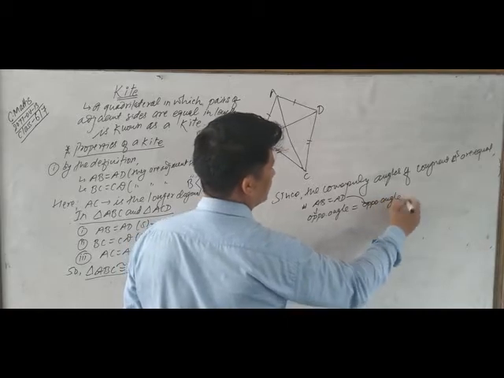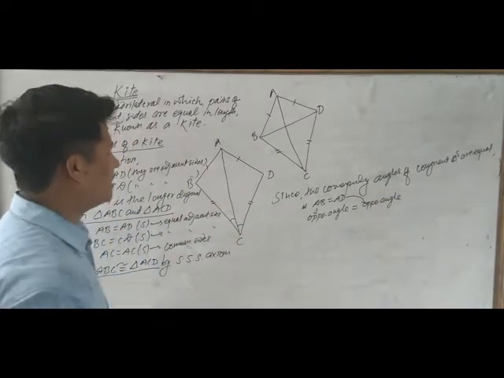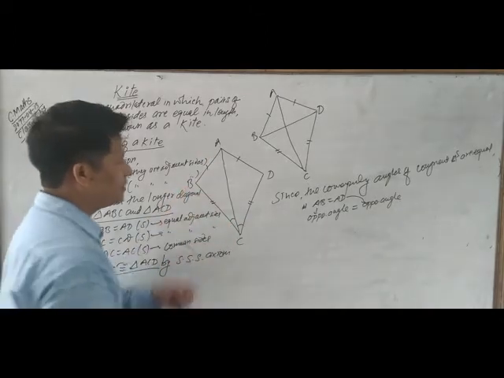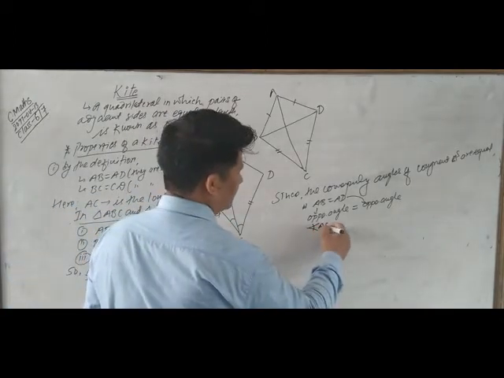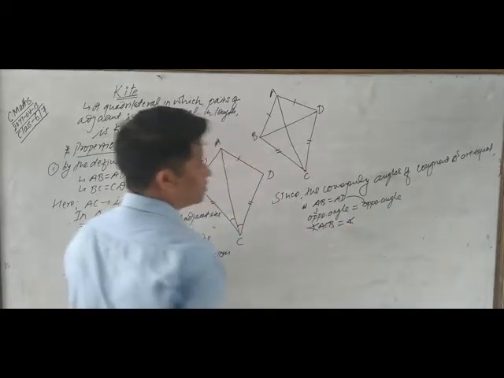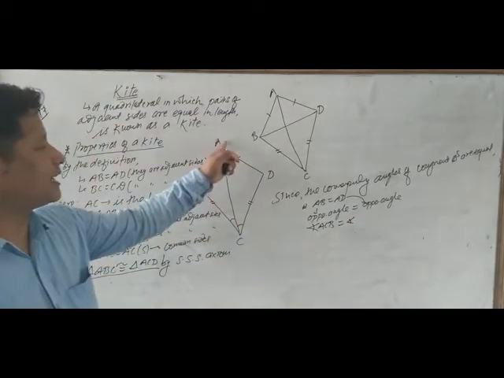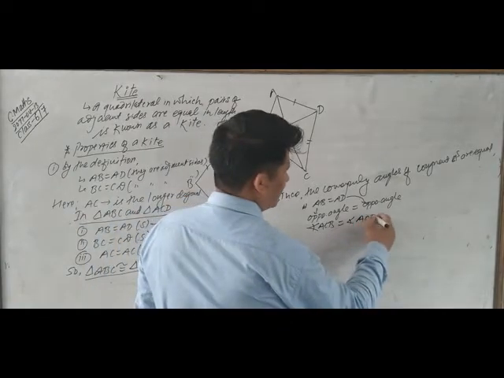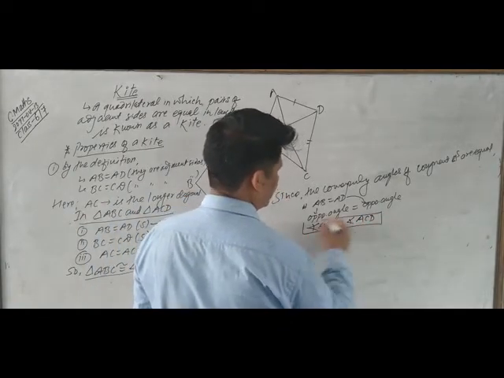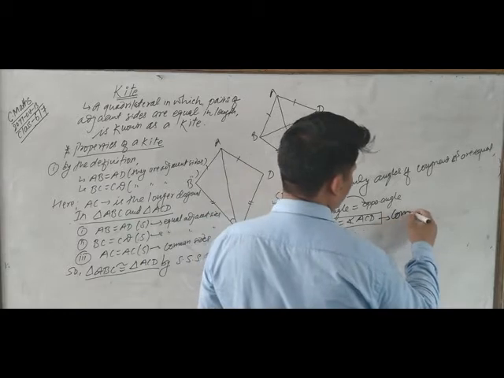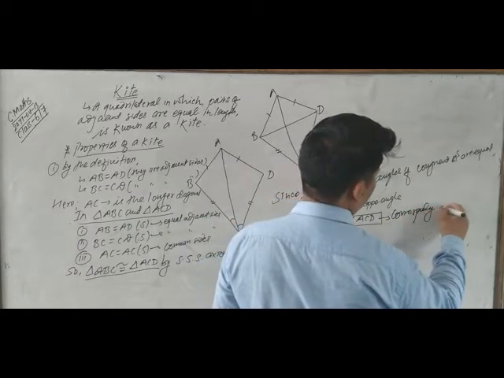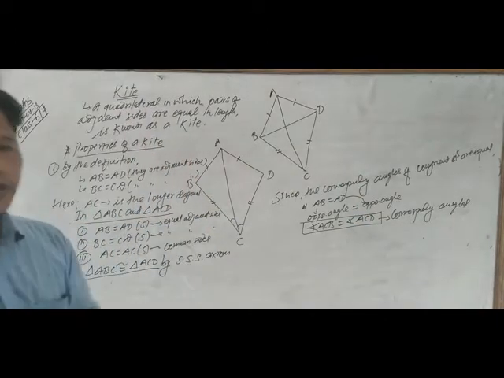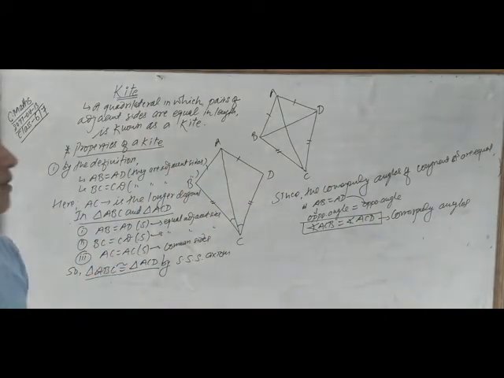The angle opposite to the side AB is angle ACB, and we can write that it equals the angle opposite to the side AD, that is ACD. So they are called corresponding angles. Dear students, the corresponding angles of congruent triangles must be equal.